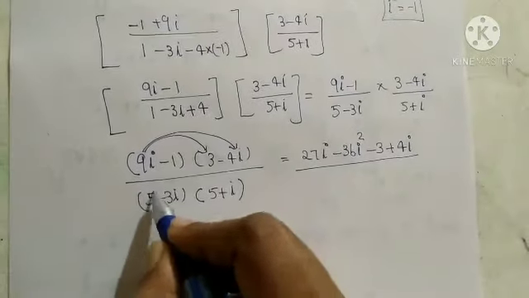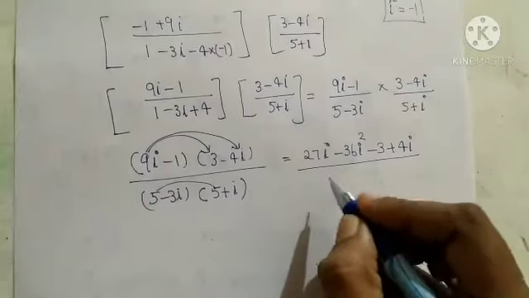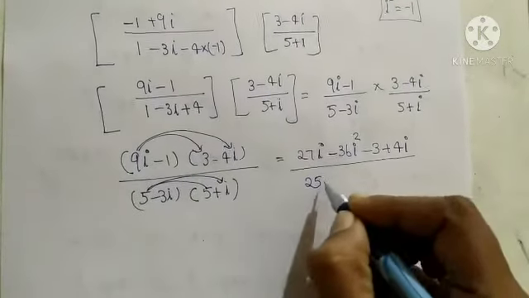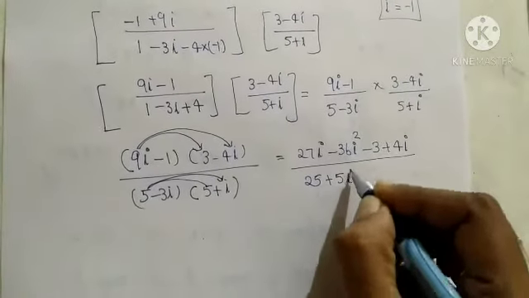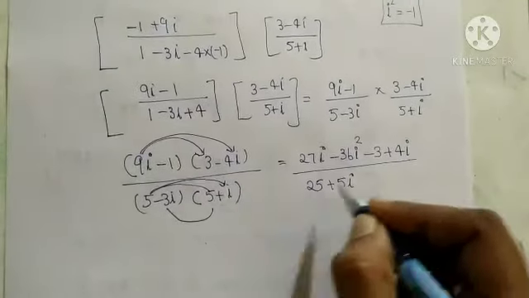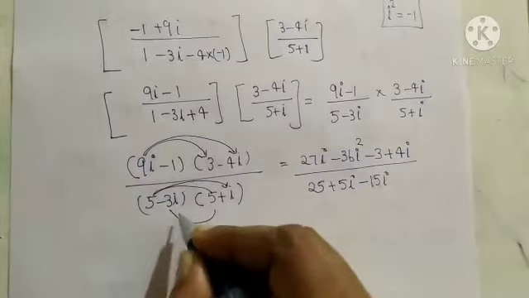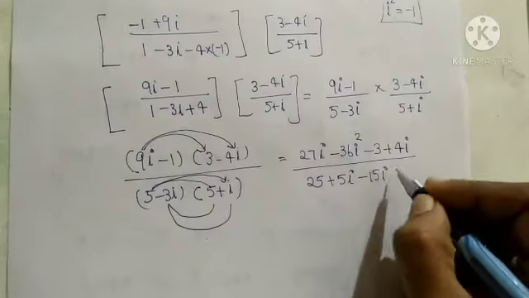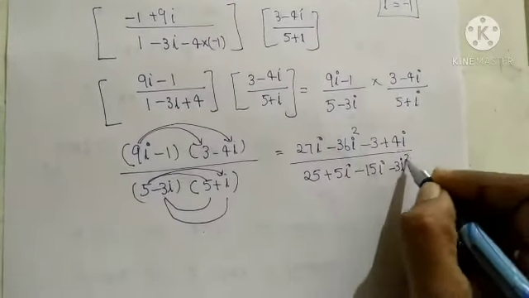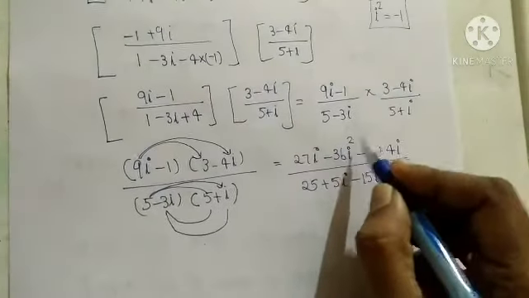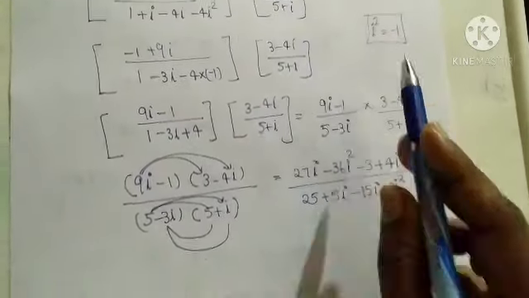It will become 5 into 5 is 25, 5 into i will become 5i, minus 3i into 5 will become minus 15i, minus 3i into i will become minus 3i square. In the next step I am going to replace this i square value by minus 1.